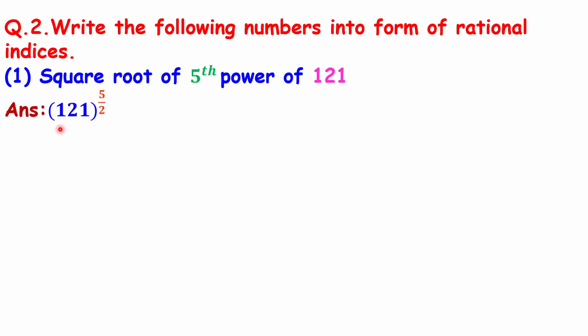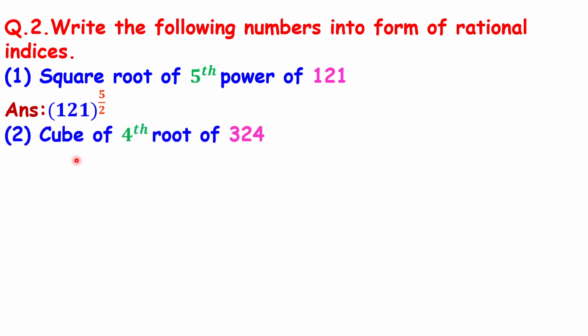So answer is 121 raised to fifth power upon square root means 5 upon 2. Fifth power and square root. So power is at the numerator place of the index and root is at the denominator place of the index.